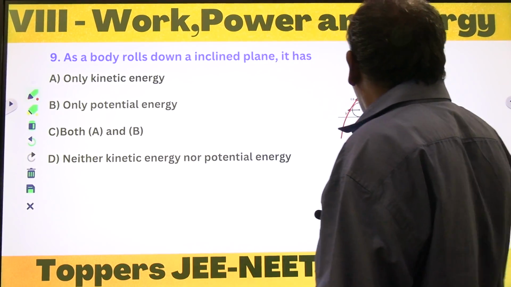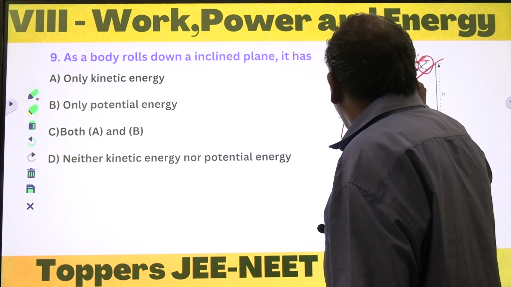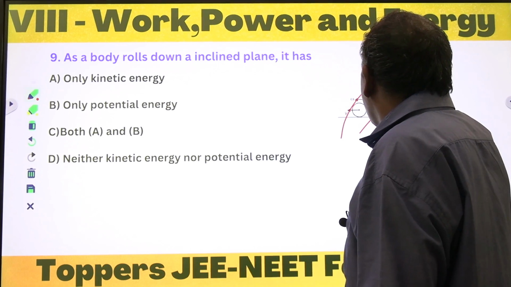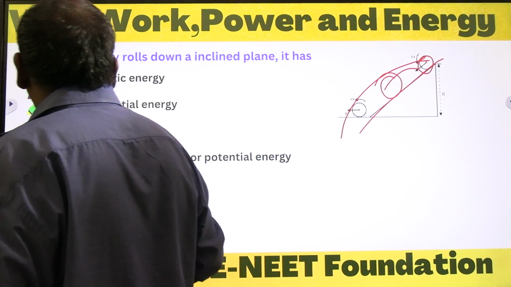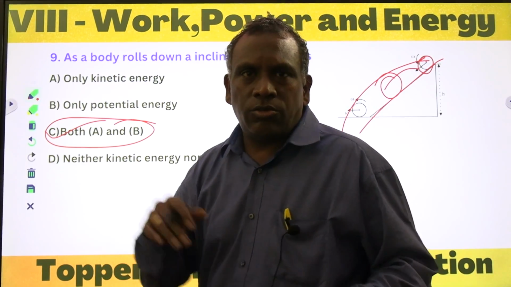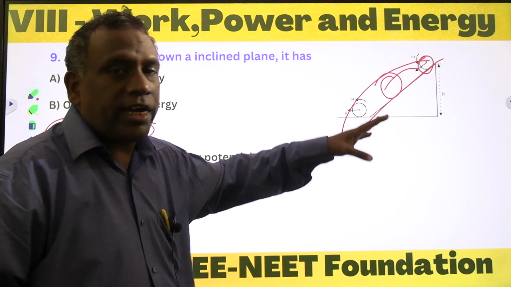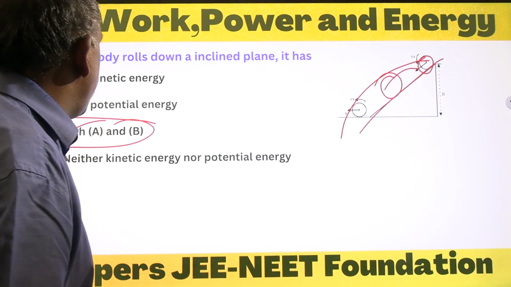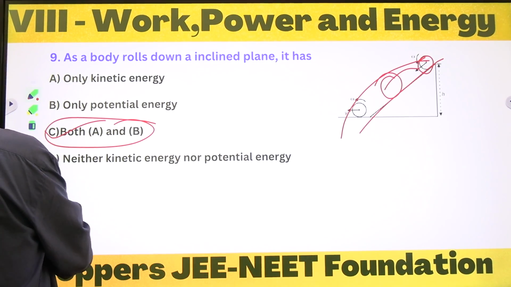If a body is at a certain height, it has potential energy. While it is rolling, there is definitely kinetic energy as well as potential energy. Option C is the correct answer, because due to position it has potential energy, and due to motion it has kinetic energy. So both potential and kinetic energies are there.